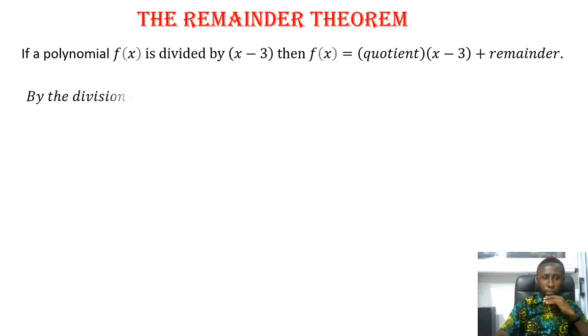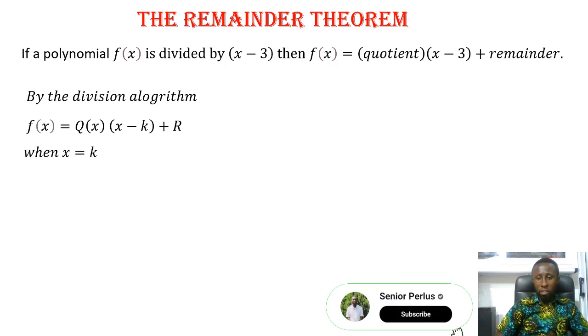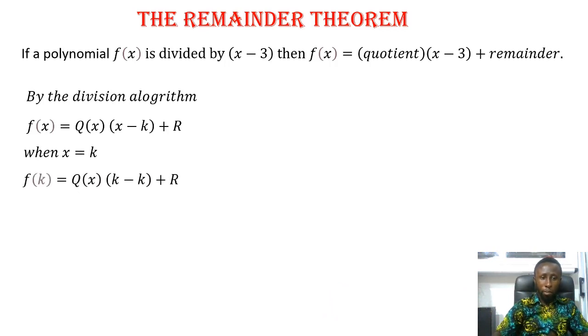So by the division algorithm, the function equals the quotient, that's q of s, times the divisor s minus k plus the remainder. So when s equals k, we just substitute s equals k in there.